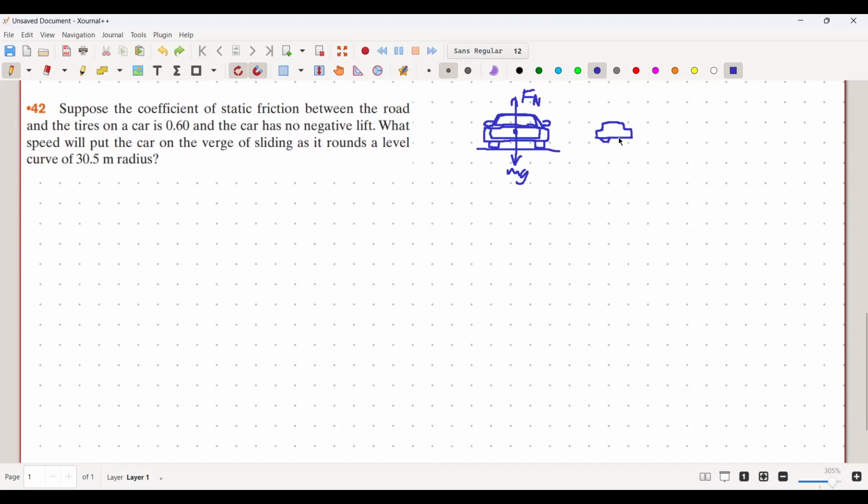Teka, nasaan yung circle? Or yung center ng circle? Or yung axis?